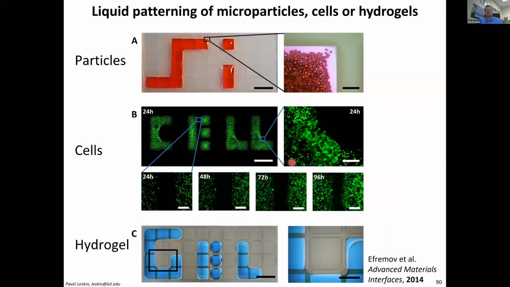So we use the same method then to make patterns of particles, or to make patterns of hydrogels, materials that are usually difficult to pattern using, for example, inkjet printing.